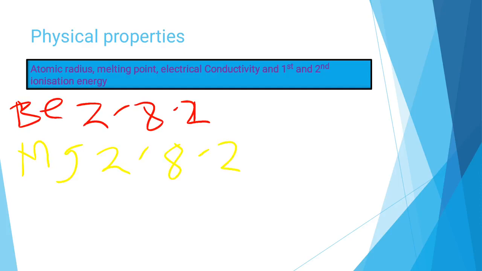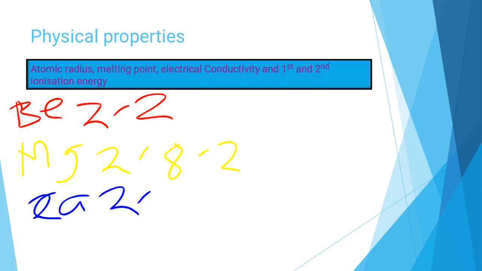Sorry, for barium it's different. And then we finally have the electron configuration for calcium, which now is 2, 8, 8, 2.